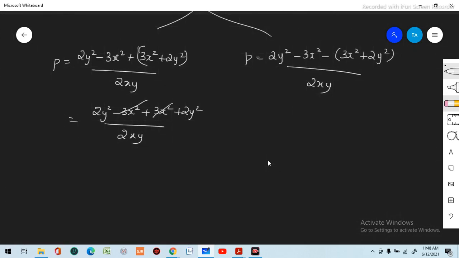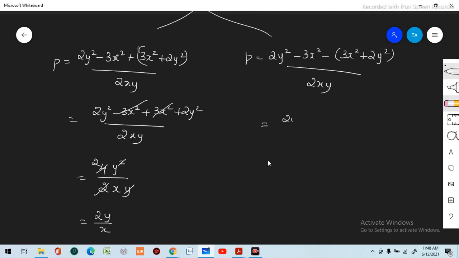So we are remaining with 4y² by 2xy. So 2 ones are 2, twos are y with the square. Remaining terms, what are the remaining terms? 2y by x. 2y by x. How about the second one?